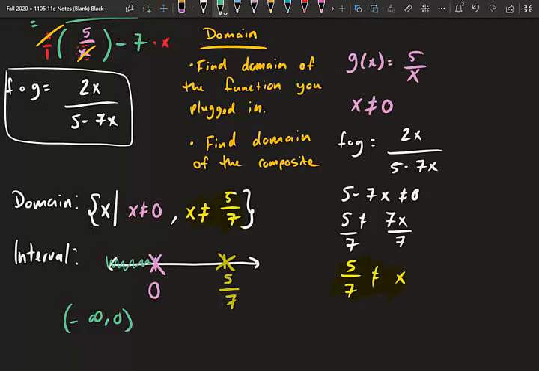The stopping point always means union. Then we pick up again from 0 to 5 over 7. We have a stopping point, that means union. And then 5 over 7 to infinity. That would be our interval notation.